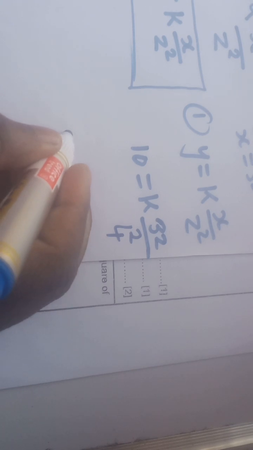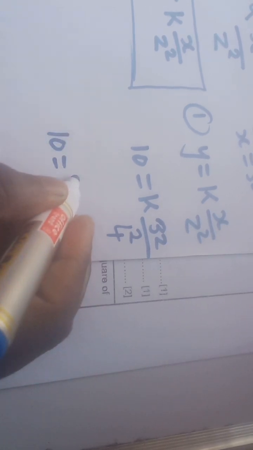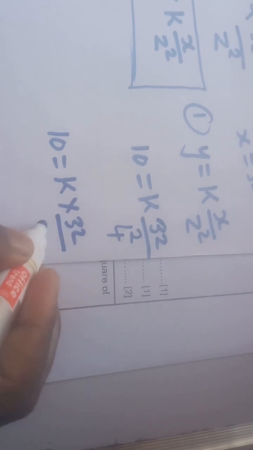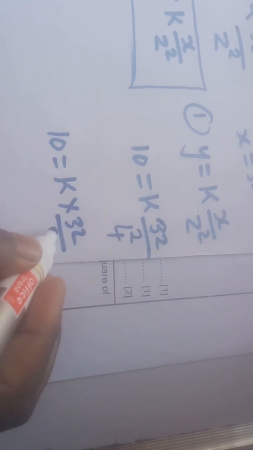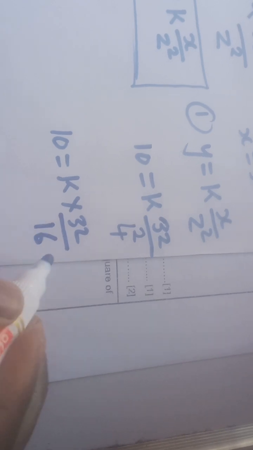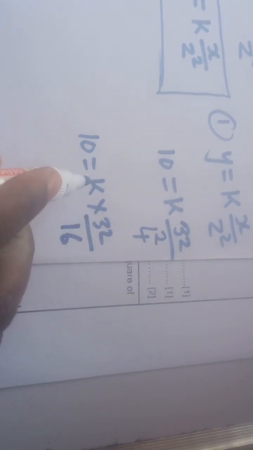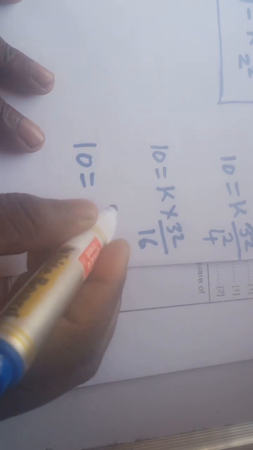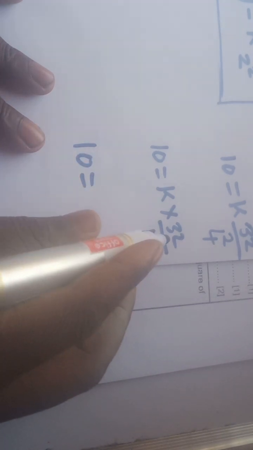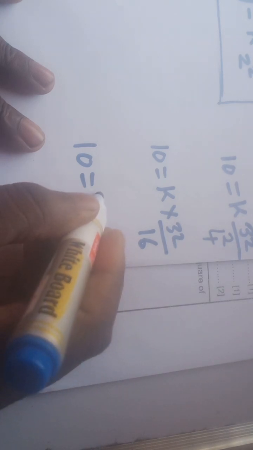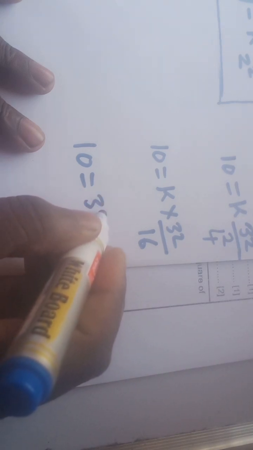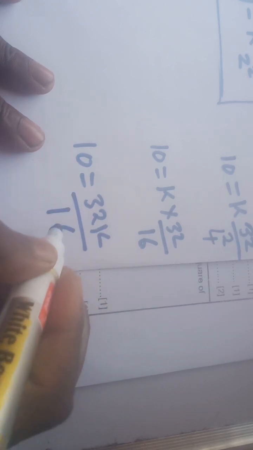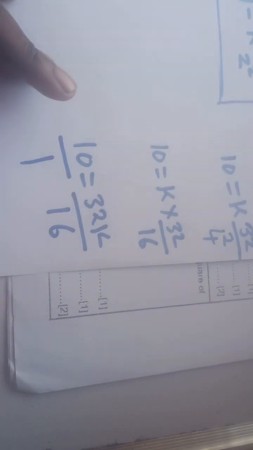So here it will be 10 is equal to k times 32 over 4 squared, which is 16. So there it will be 10 is equal to k times 32 over 16.